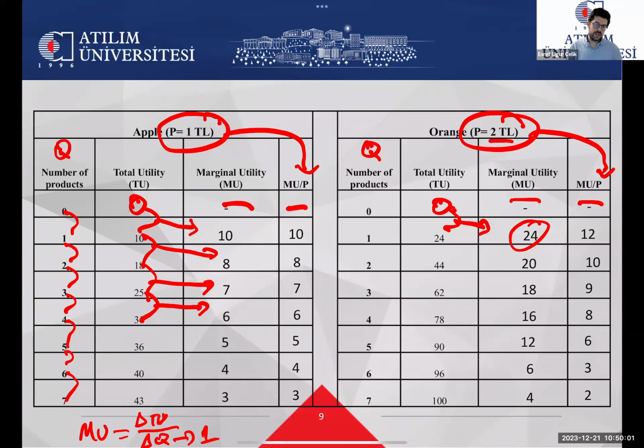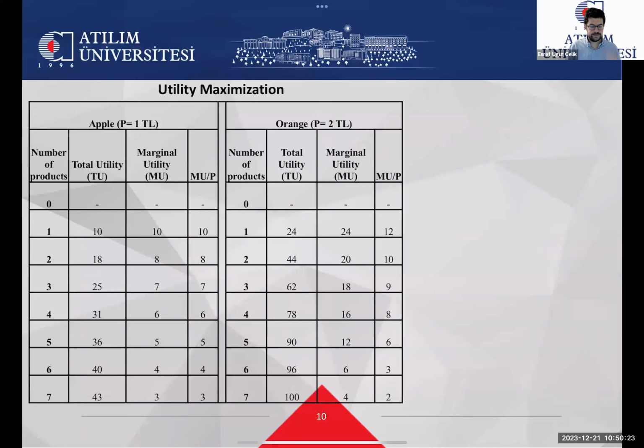Then in the question, I give some budget and ask how much apple and orange we can consume to get the highest utility. Find the number and draw the consumer equilibrium by using the indifference curve and budget line. Okay, let's assume that our budget is 10 Turkish lira.